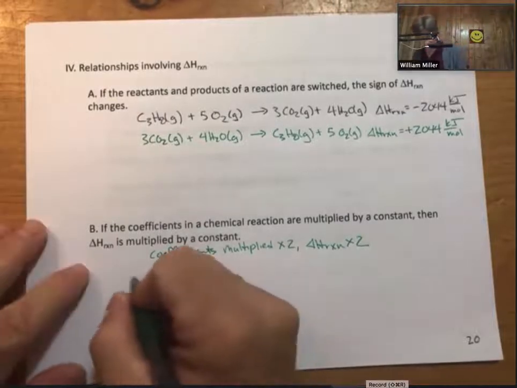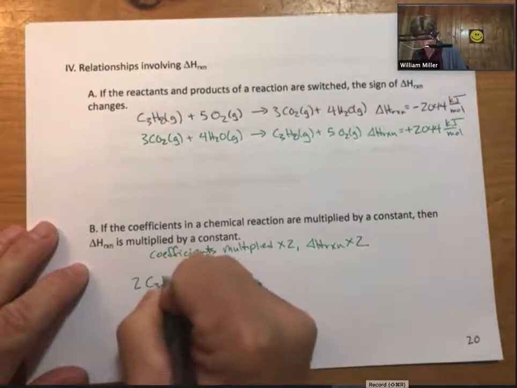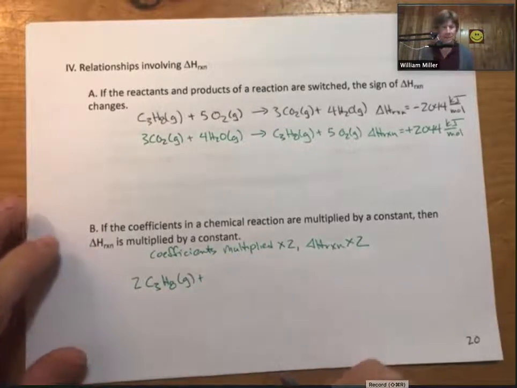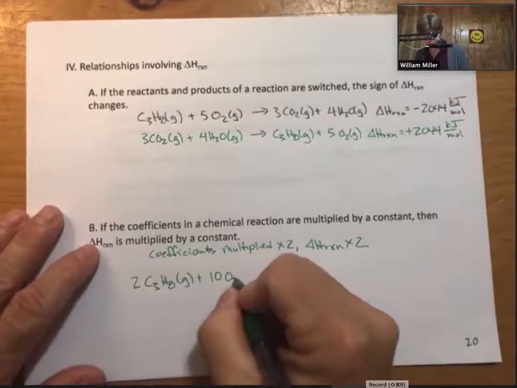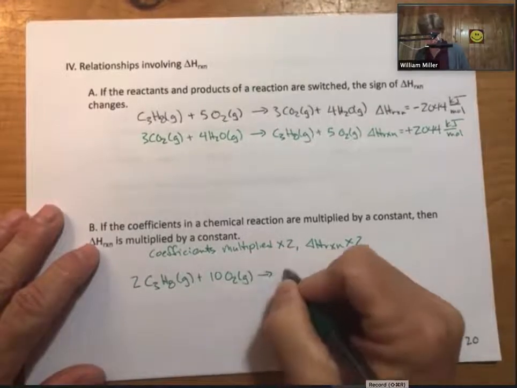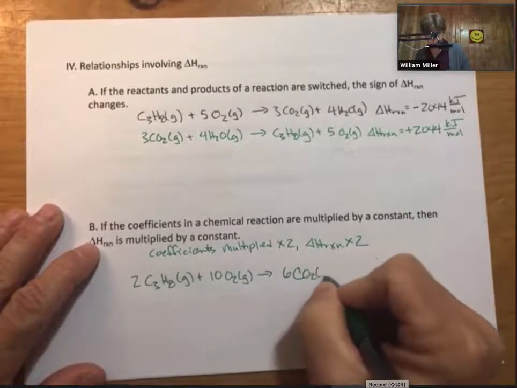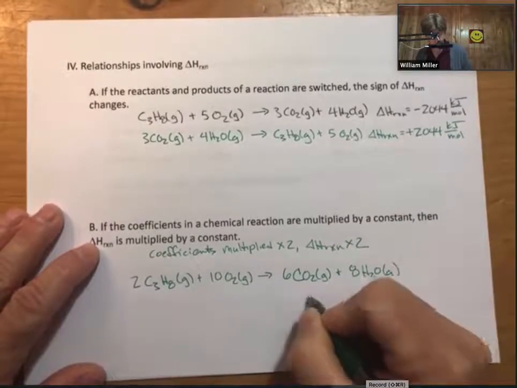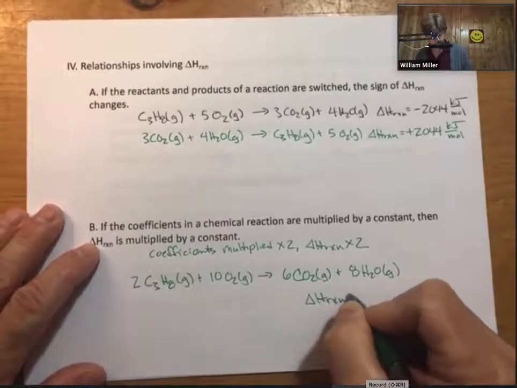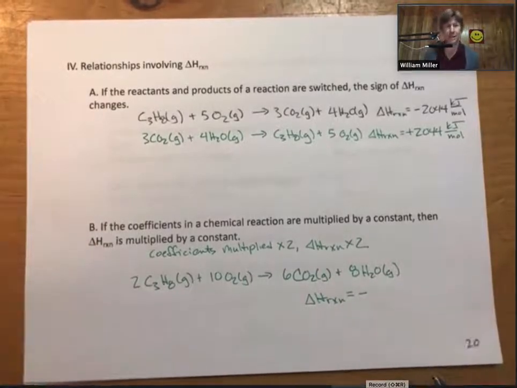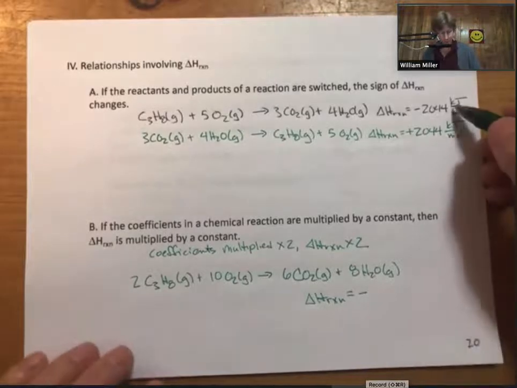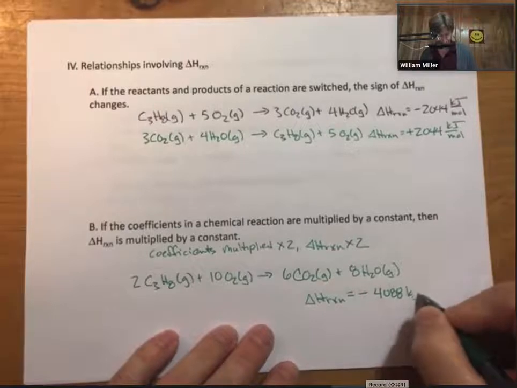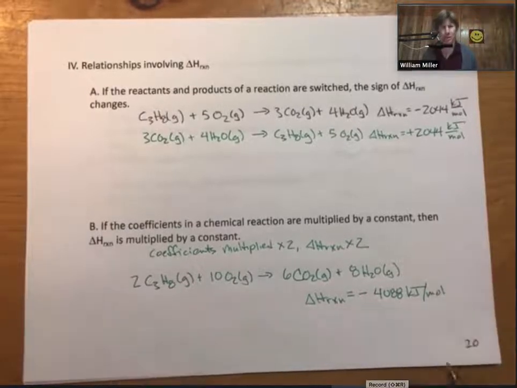So now we'll go to 2 moles of propane plus 10 moles of oxygen, and delta H from this top one is minus 4,088 kilojoules per mole.